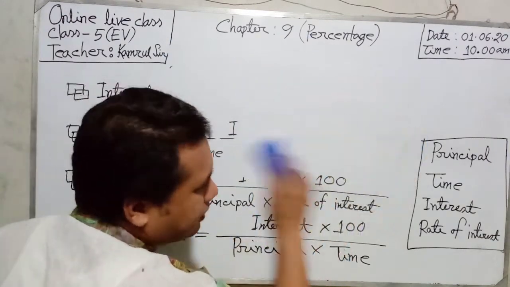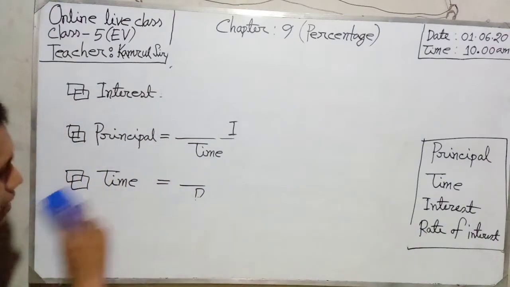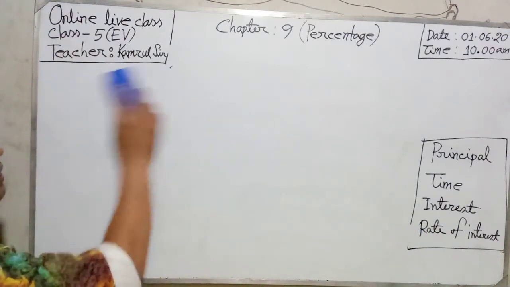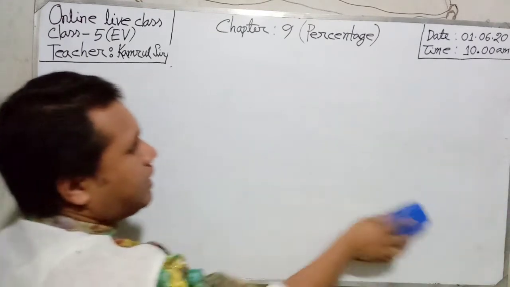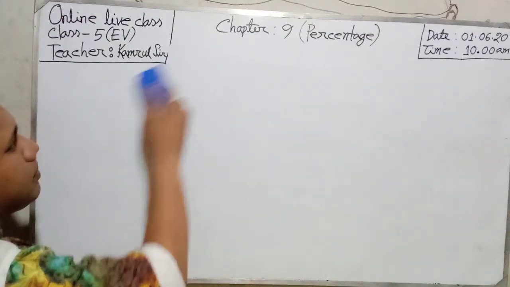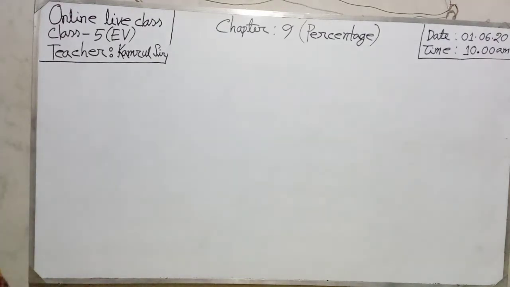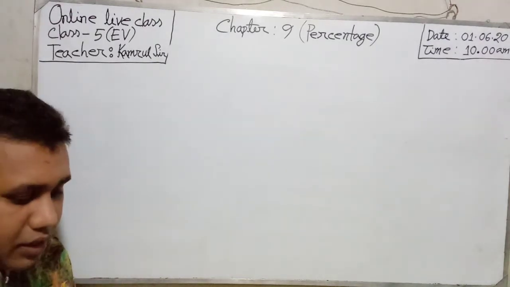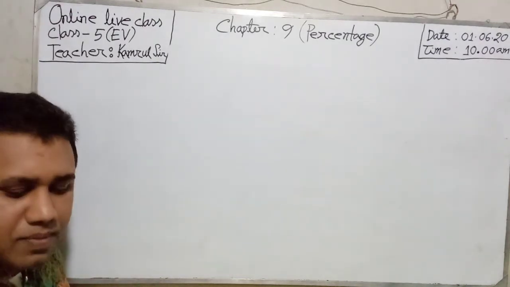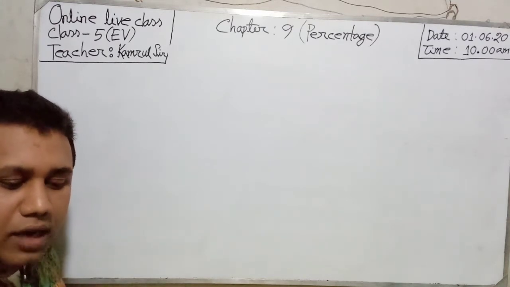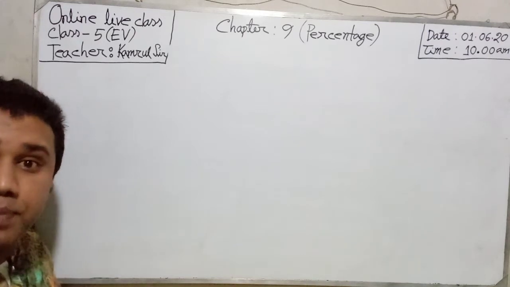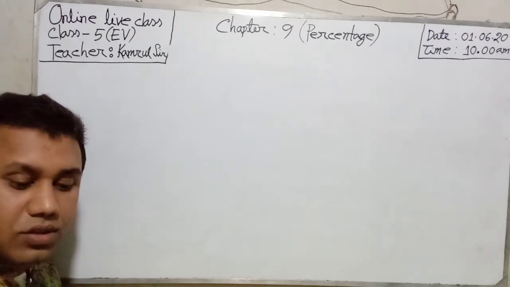Dear students, everyone take your math book. Go to exercise 9 and open problem number 4. Now look, what is written in problem number 4? Some money was borrowed from a bank with an annual interest of 15%. Look, annual interest of 15%.